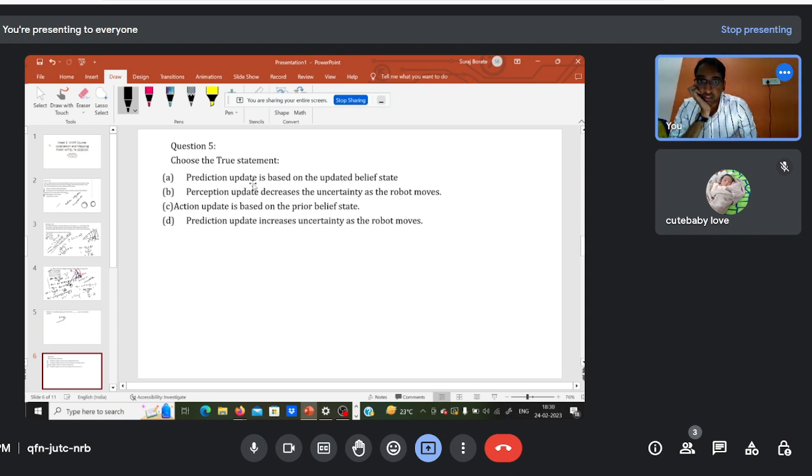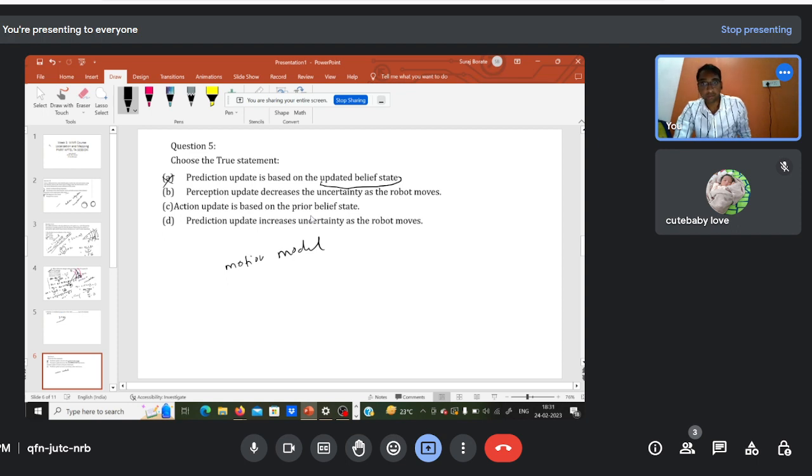So the prediction update is based on updated belief state. Obviously, if the state is already updated, then what are we predicting, right? It is based on the motion model, not the updated belief state. So A is wrong. Perception update decreases the uncertainty.